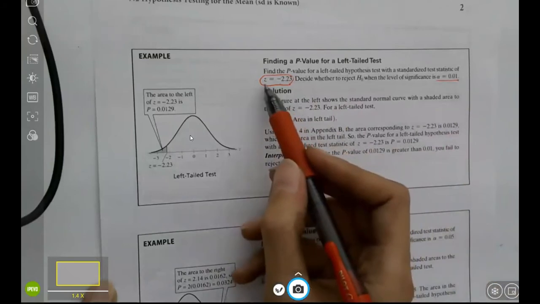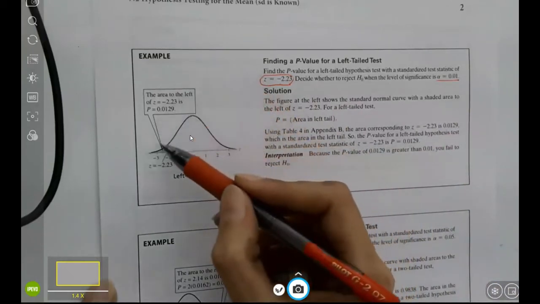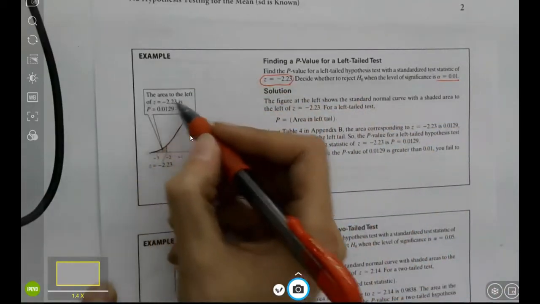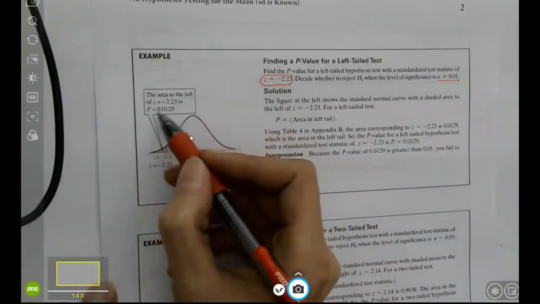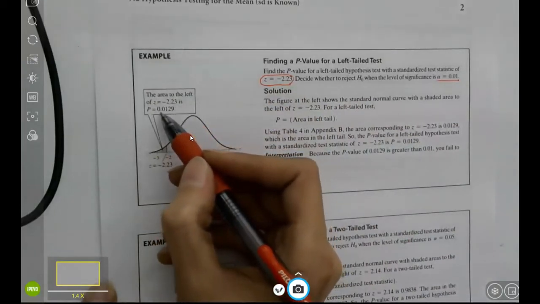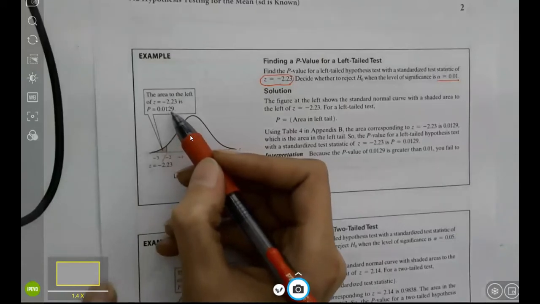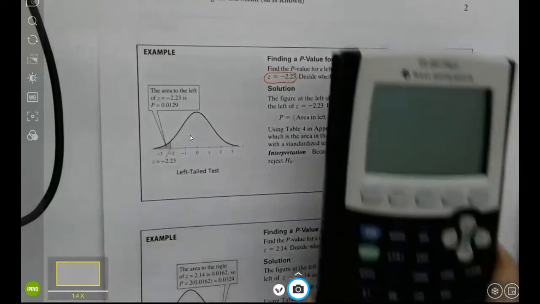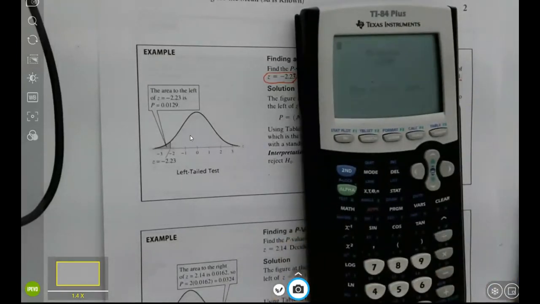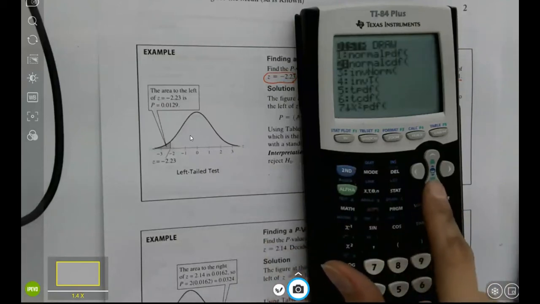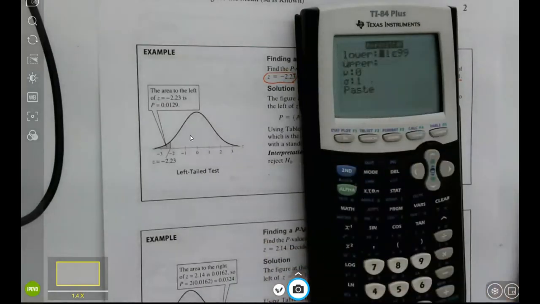Since z is given, the p-value is the area to the left of z. By using your calculator, you get 0.0129. Let's take a look at our calculator. Turn on the calculator, second, vars, so normal CDF.